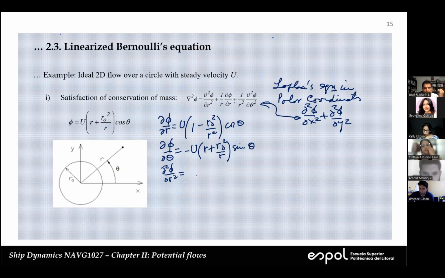I think it's U times minus 2 r0 squared divided by r cubed, cosine theta. Is this correct? Anybody?